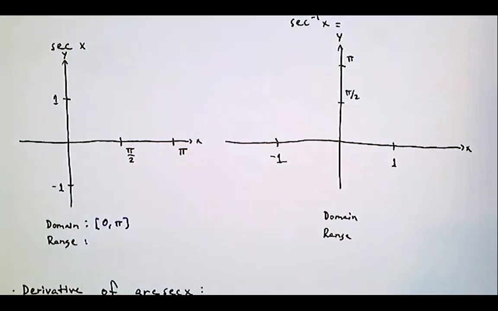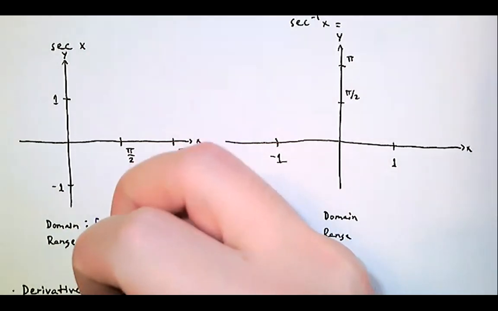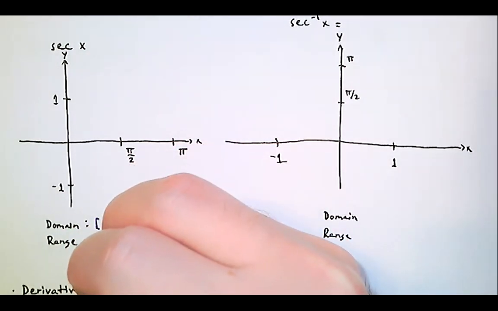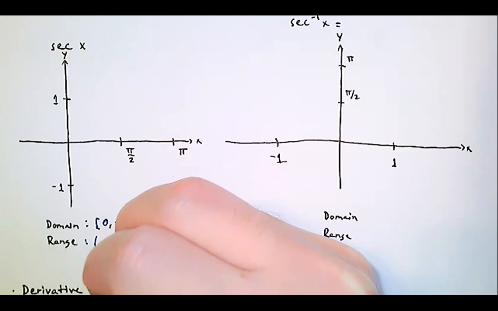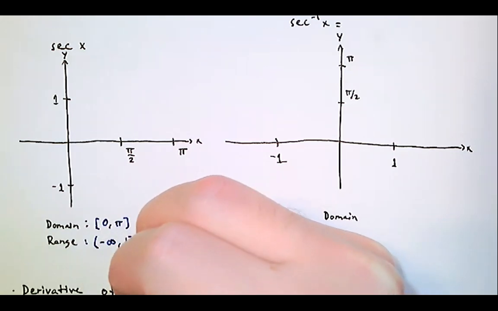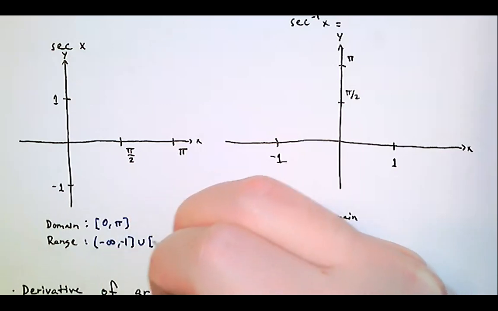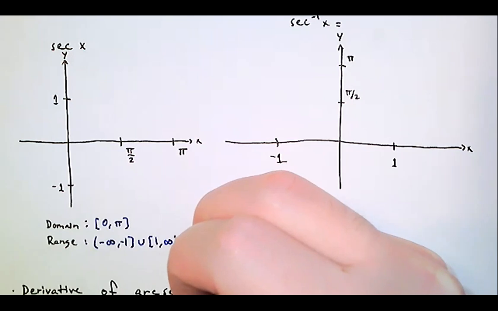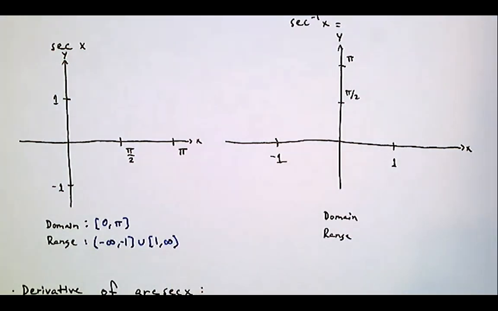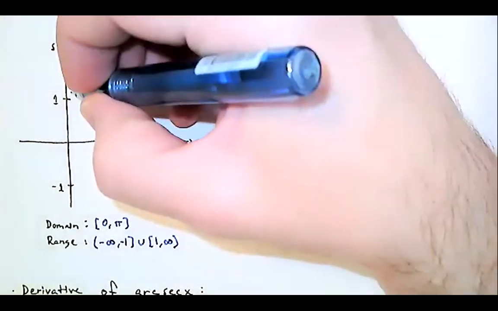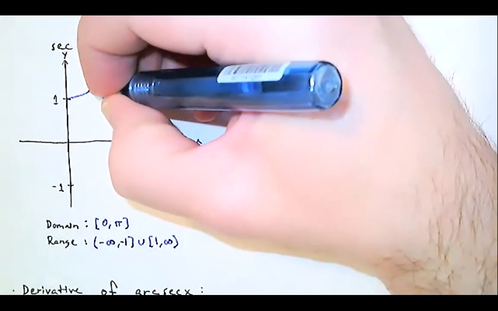And then the range is going to be, if you remember from the graph, well, it's a little odd. It's minus infinity up to minus 1. There was a gap from minus 1 up to positive 1, and then it went up to infinity again. And the graph looks something like this.